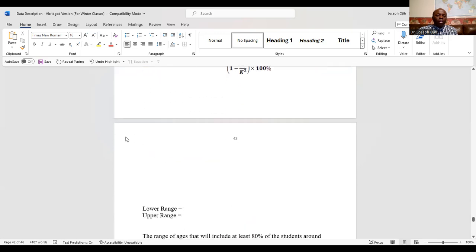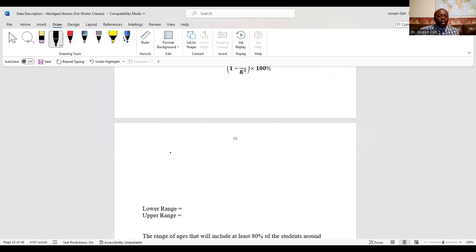We write it as 1 minus 1 over k squared equals 80%.